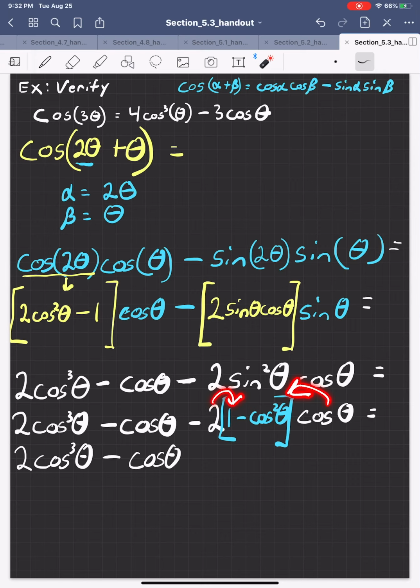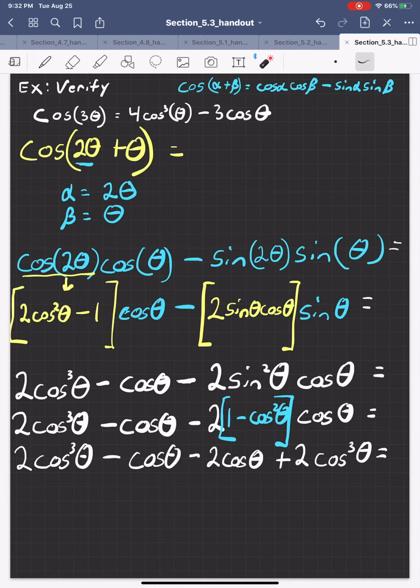I don't think you'll have trouble following me. But if you do, you just let me know. So that's going to be minus 2 cosine of theta. And then I got to distribute one more time. That's a negative and a negative, so that's plus 2 cosine cubed theta.